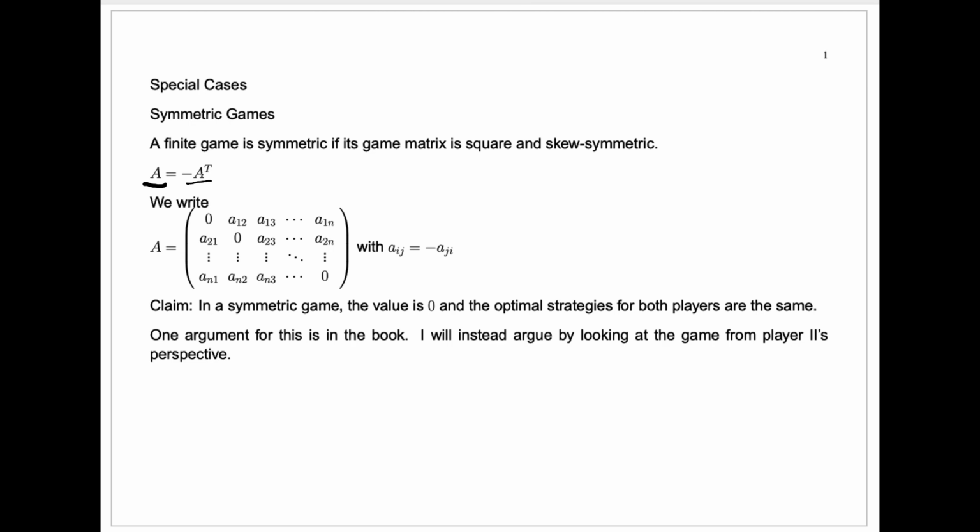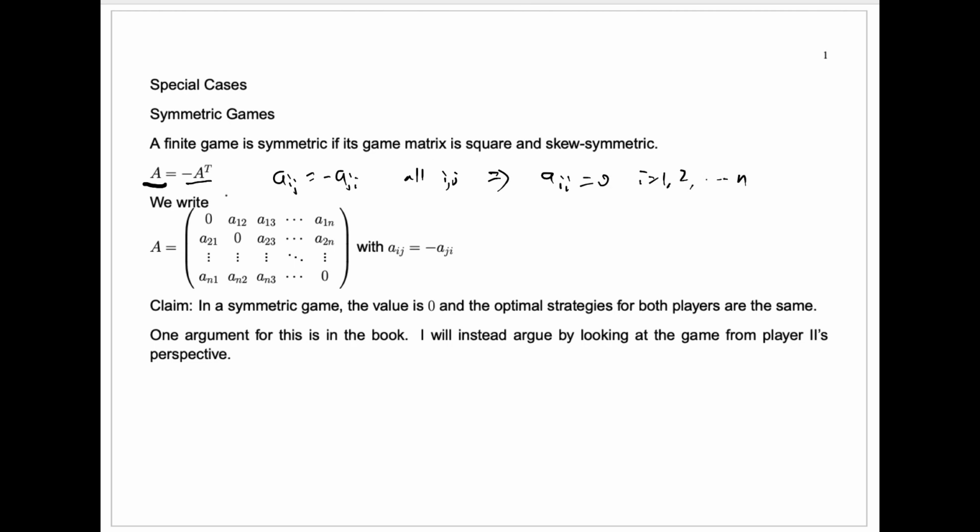In notation, to say that the matrix A is minus A transpose means A_ij is minus A_ji for all i and j. When I say all i and j, I mean 1, 2, 3 up to n. And in particular, that means A_ii equals 0.